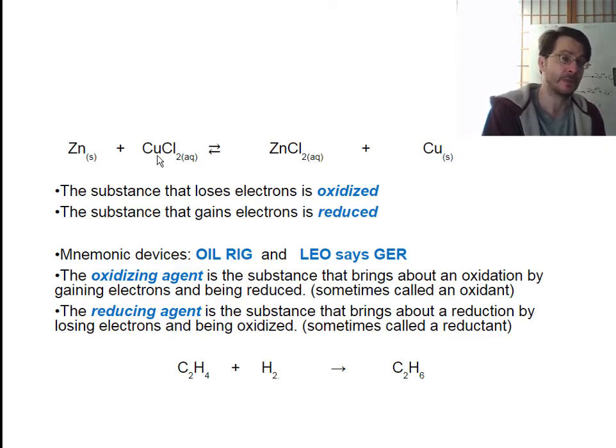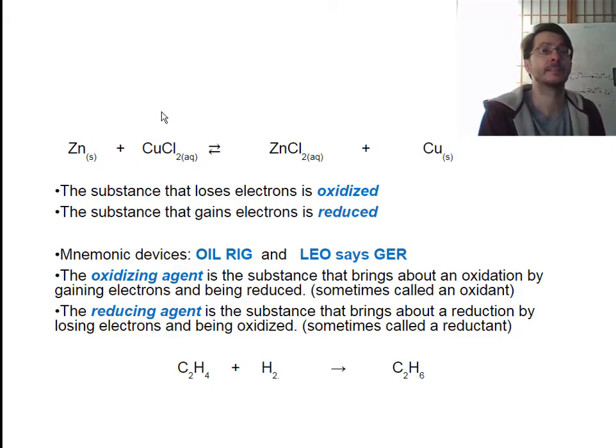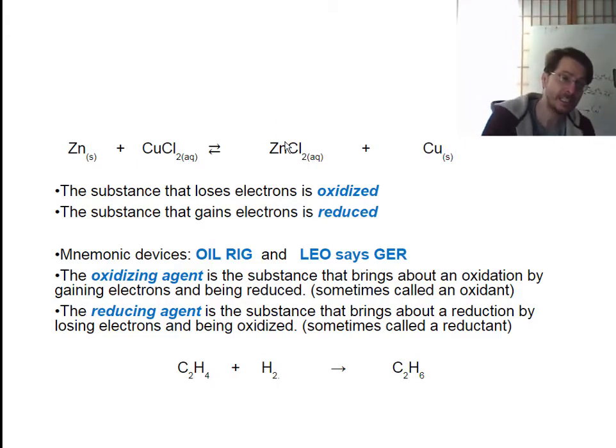Right? So the copper +2 is oxidizing the zinc to zinc +2. Right? Oxidants and reductants are always on the starting material side. So that makes them easy.